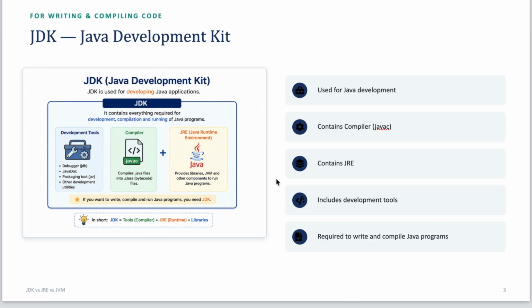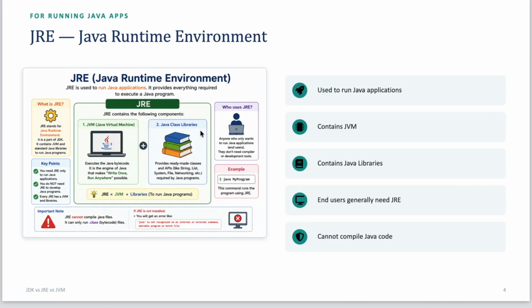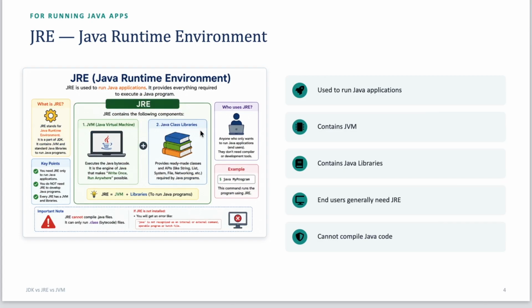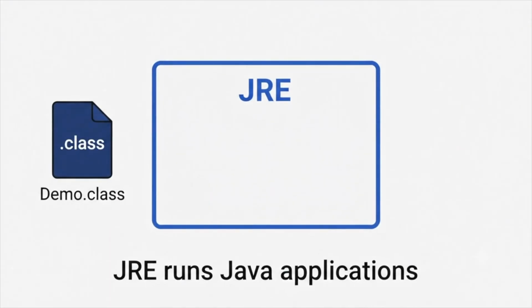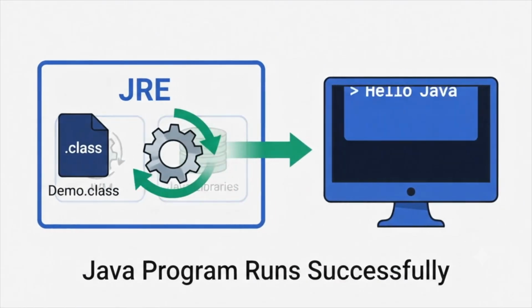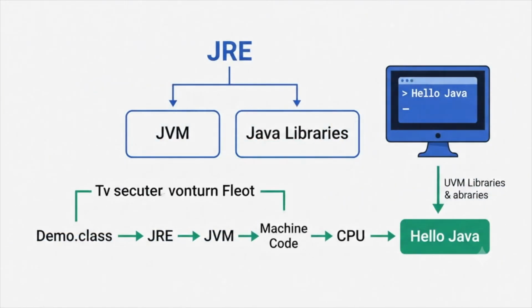And now, as I said, JDK contains JRE also. So what is JRE? JRE, Java Runtime Environment. It is a part of JDK. So if you have the Java Development Kit, it means you already have the JRE. What is its use? It's used to run Java applications. It provides everything required to execute a Java program. Now, when you give the bytecode, which you get after compiling the Java code, to the client, he just needs JRE.